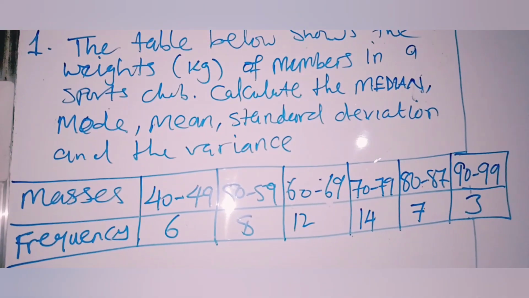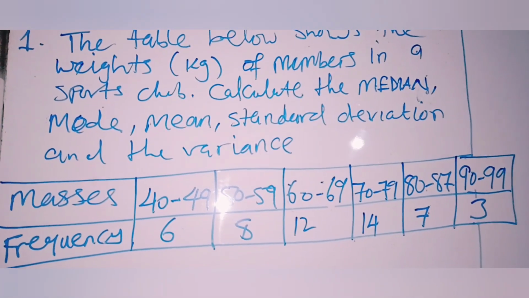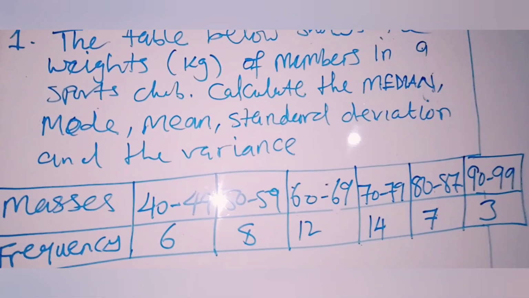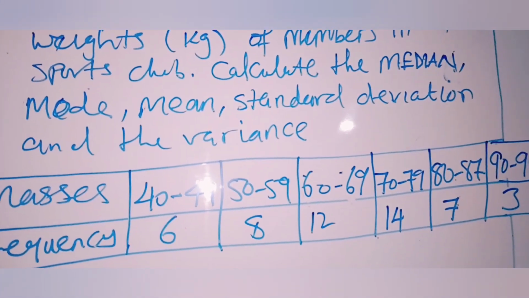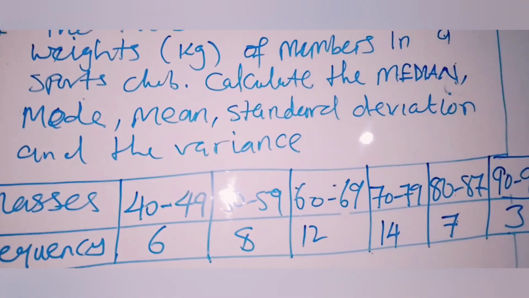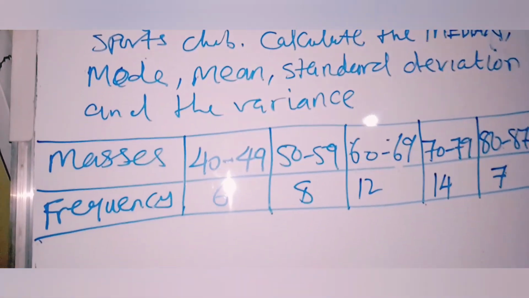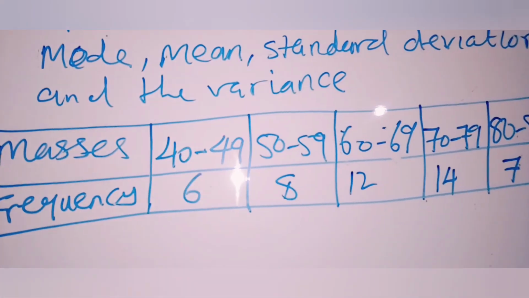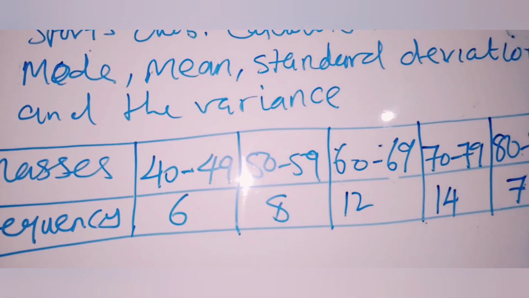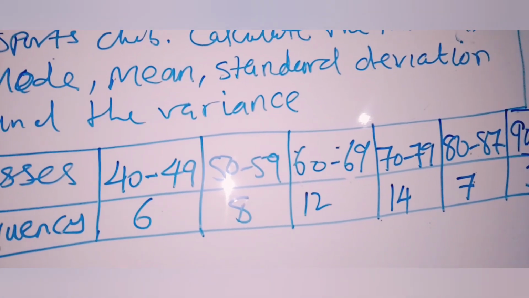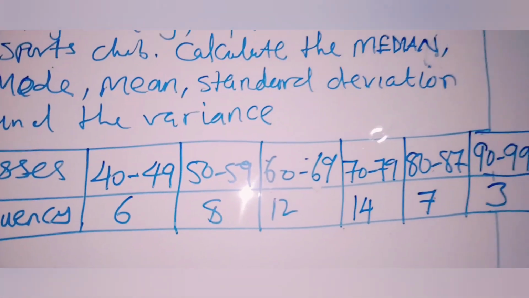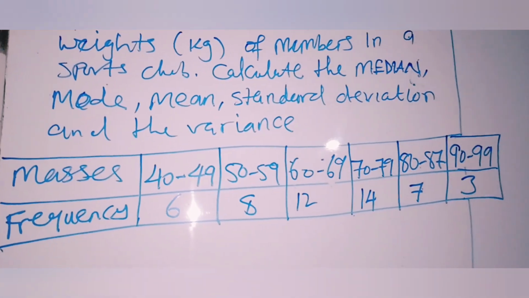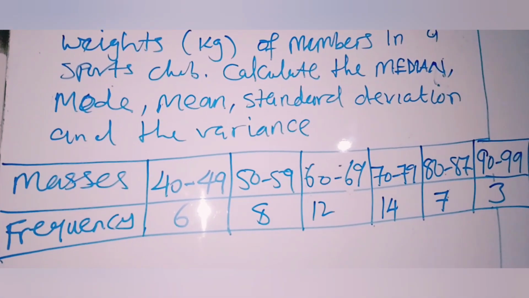Here it's simple. What do we need to know? What we need to know is the formula. In grouped data we use the formula. You know they have grouped the weights, which we can call sample data, right? It's the weights in kg.